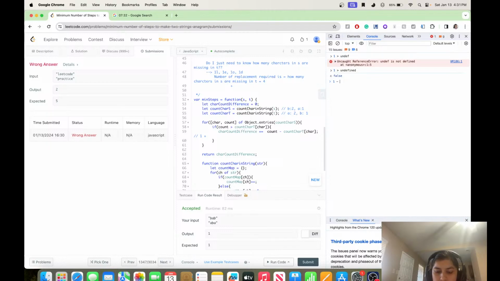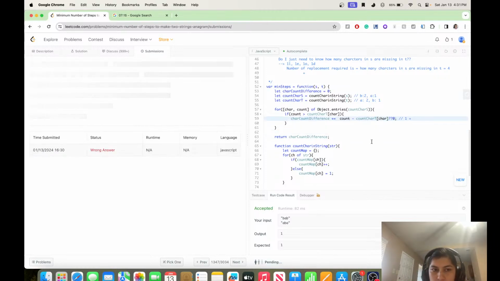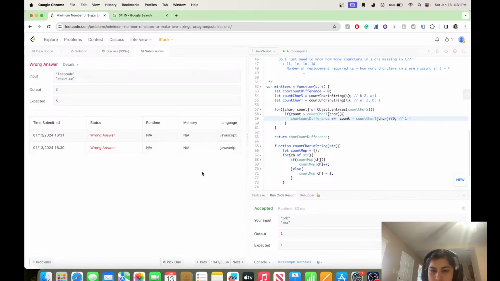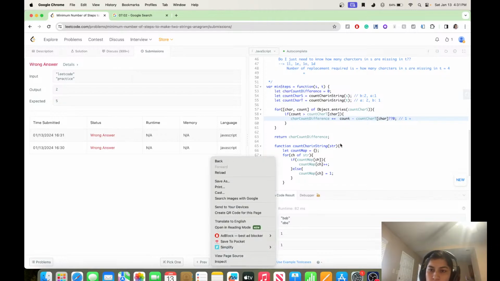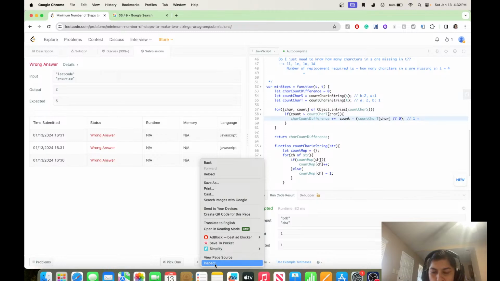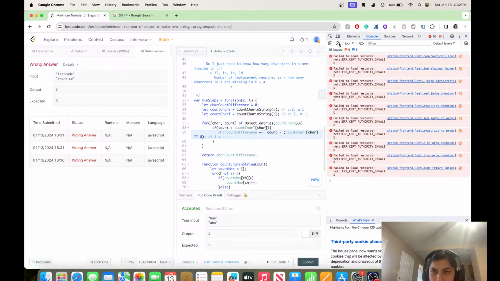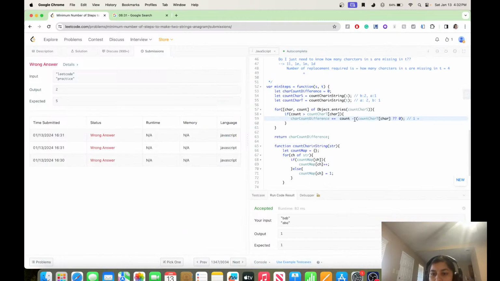Because it will treat like, oh, 1 minus undefined is... This is fine.